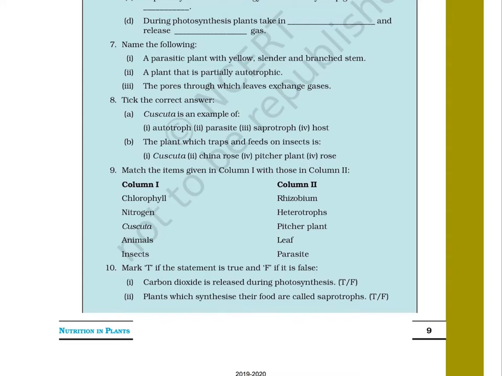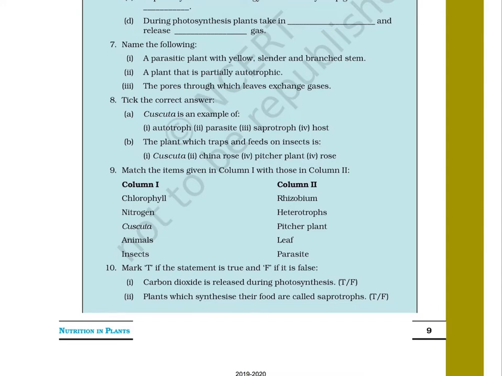B. The plant which traps and feeds on insects is 1. Cuscuta, 2. China rose, 3. Pitcher plant, 4. Rose.